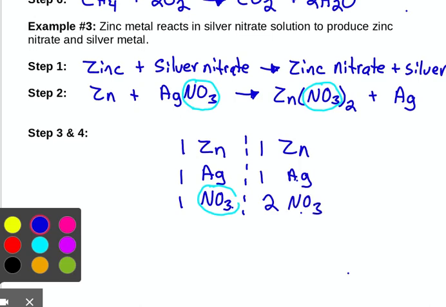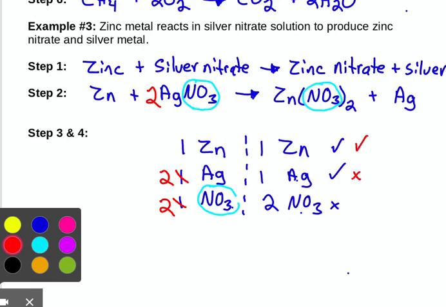So we do our quick little check. Zinc lines up, silver lines up, nitrate does not line up. So to fix that, we need 2 in our reactant side. So we're going to put a 2 in front of this one. So that means that we now have 2 silvers and 2 nitrates. So our zinc we didn't do anything to.